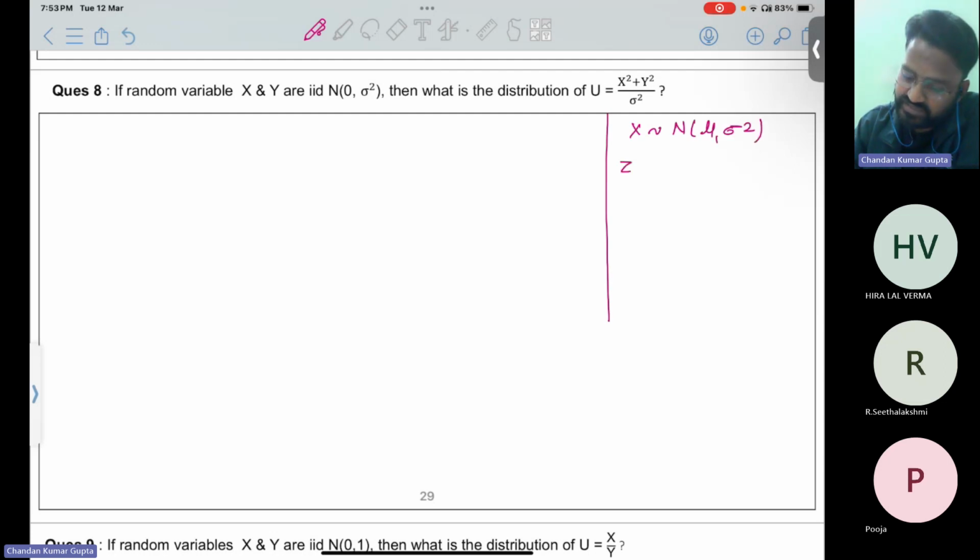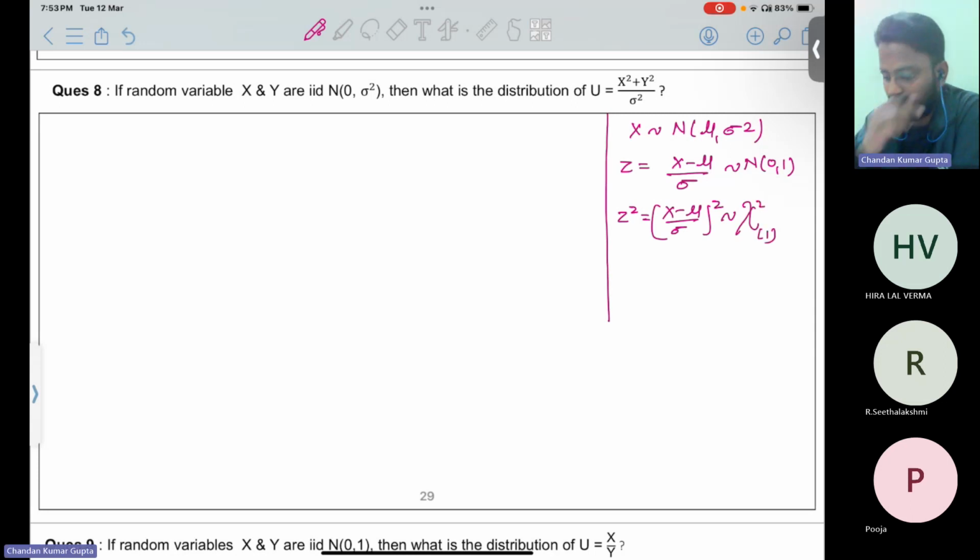Then z, which is equal to (x minus mu) upon sigma, follows normal 0, 1. And then z square, which is equal to ((x minus mu) upon sigma) whole square, follows chi square with 1 degree of freedom. So this is how a chi square variate is defined. Chi square is nothing but the square of the standard normal variate.